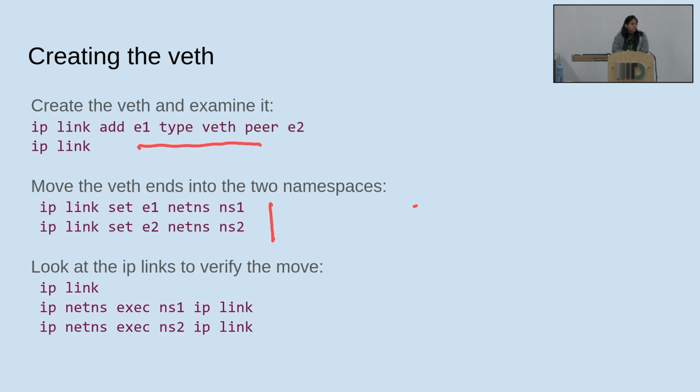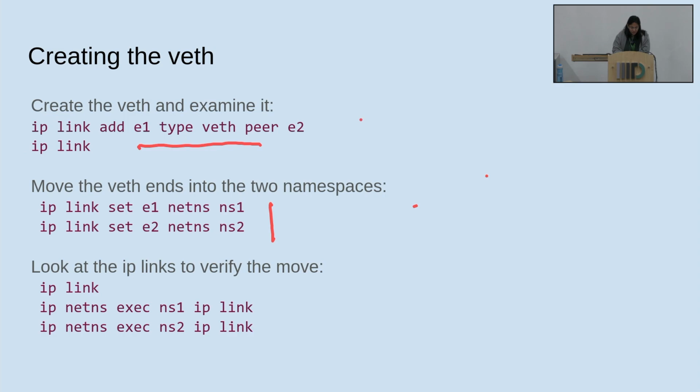So in the last two lines, every time you do an exec ns1, ns2, that means you're trying to see how it looks inside the namespace, or how it looks inside a container. You should see that those two ends are now inside those two containers. That's what we're doing here manually. In reality, Docker may be doing something like this underneath.